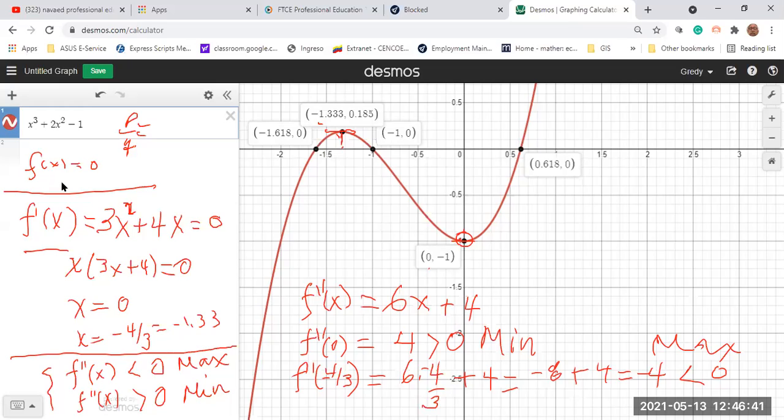Later, we're going to study what absolute minimum, absolute maximum, local minimum, and local maximum mean. For some functions, you may have two different maximums, and then you have an absolute maximum and a local maximum, right?